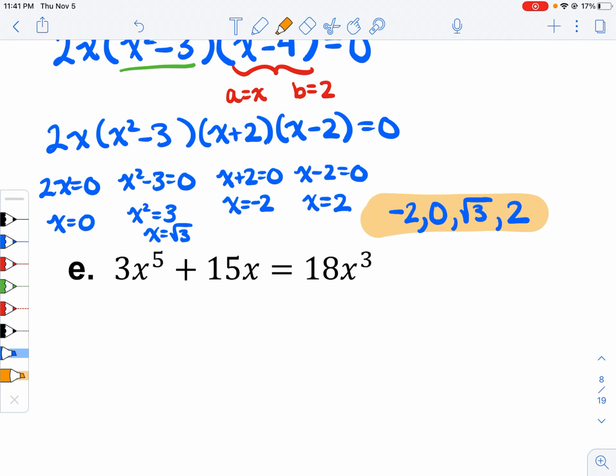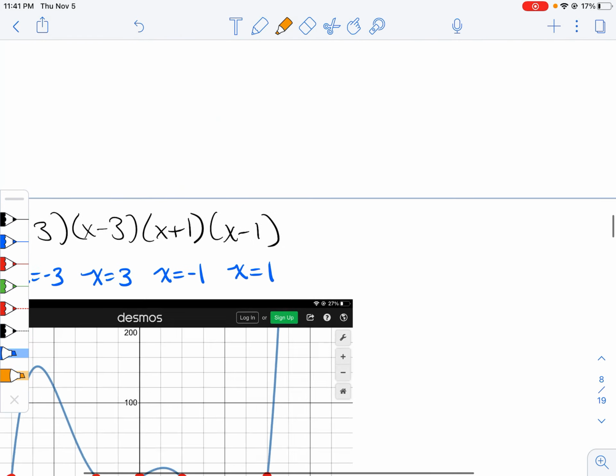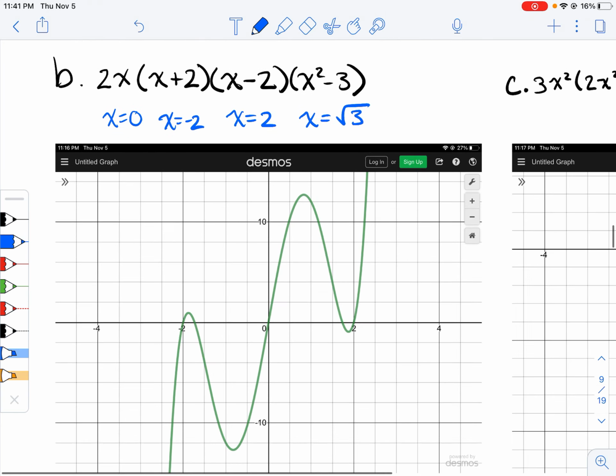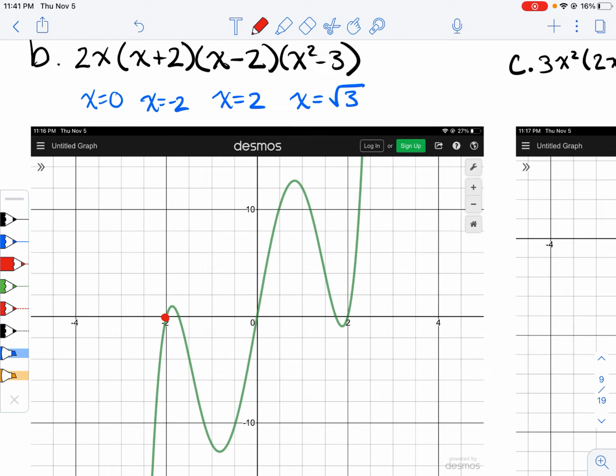If we look at the graph of this function, this was our part B. We said that we got x equals 0, x equals negative 2, x equals 2, and then we had x equals the square root of 3. So the square root of 3 is some decimal. We can see here, though, that negative 2 is right here, and then we have a solution at 0, and then we have a solution at 2.